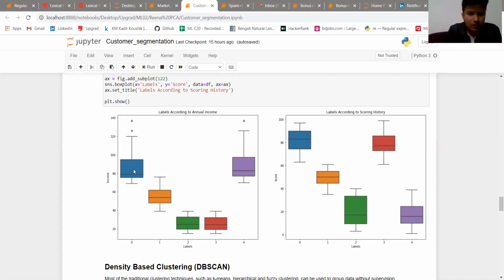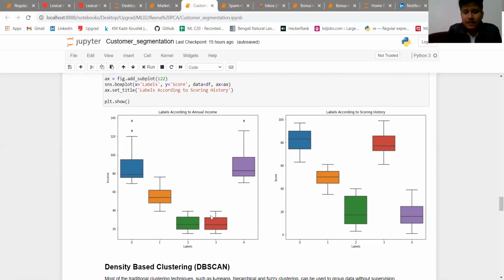Now what is interesting here is these two, particularly 3 and 4. The green box is the customers with low income and low spending behavior.